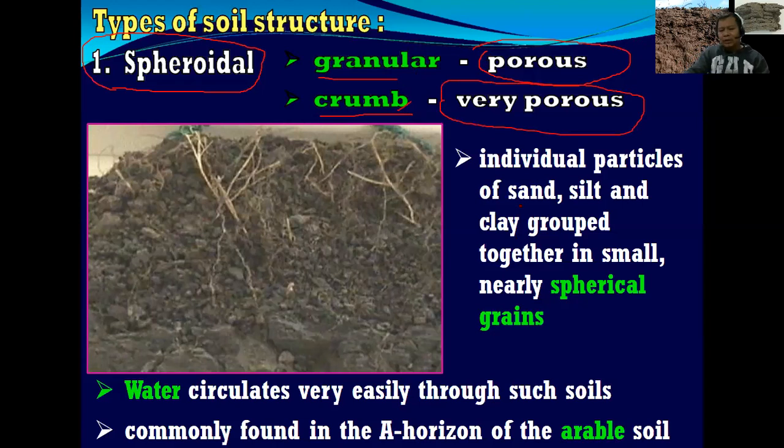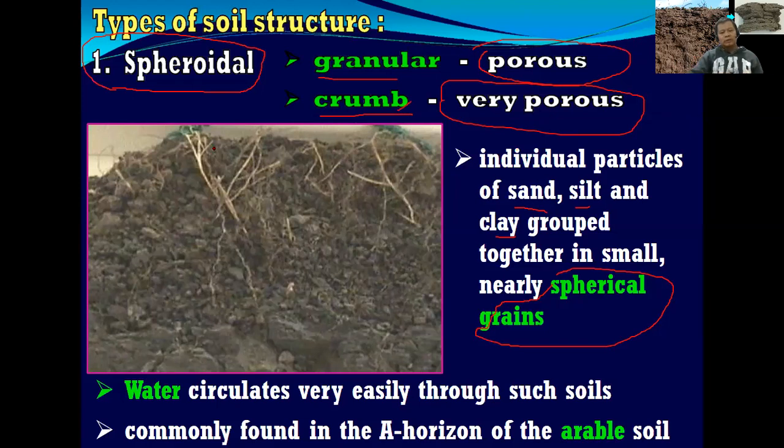Individual particles, sand, silt, and clay group together in a small, nearly spherical grain. So under the spheroidal, itong individual particles of sand, silt, and clay, dikit-dikit sila, forming into nearly spherical grains. Itong spheroidal, granular, parang medyo may pagka-bilog.